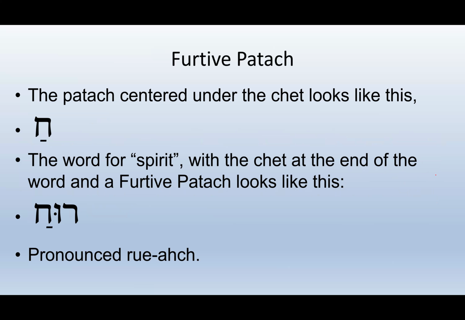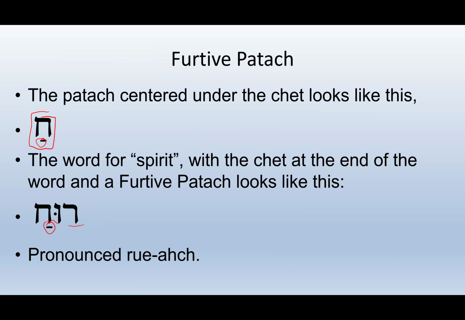If you have a word and the patak is under it, this is cha, and see how the patak is centered under the chet there. But we take the word for spirit, ruach. We have ru, and then we pronounce the patak next, ruach.